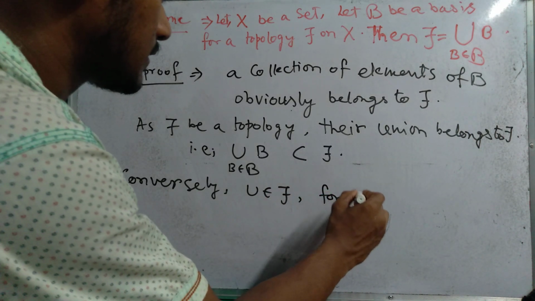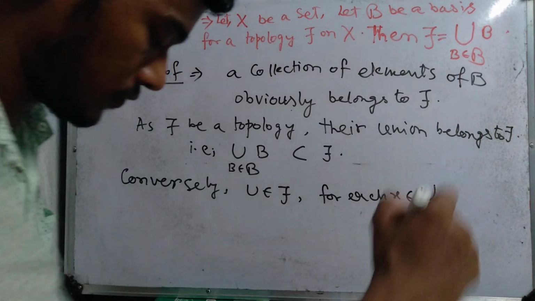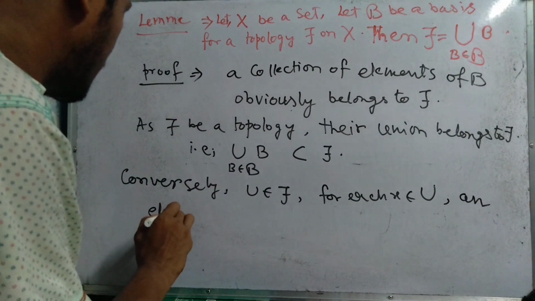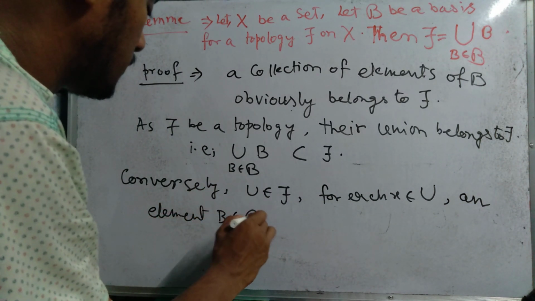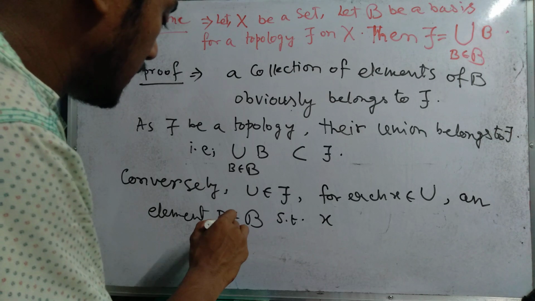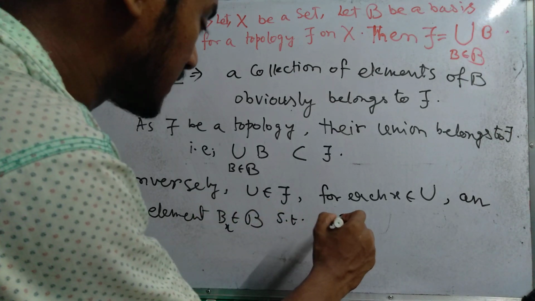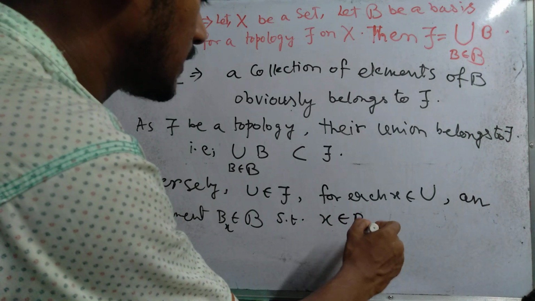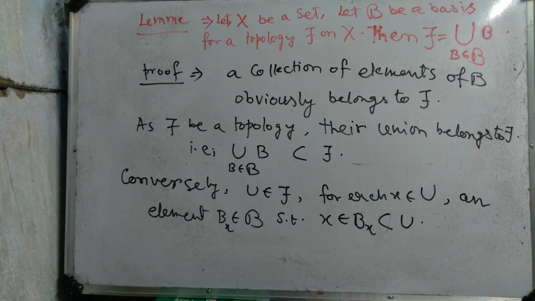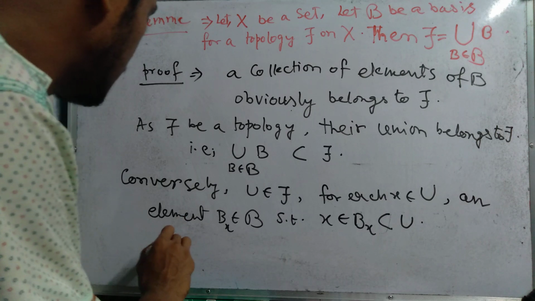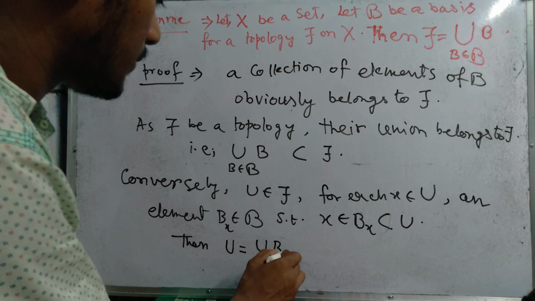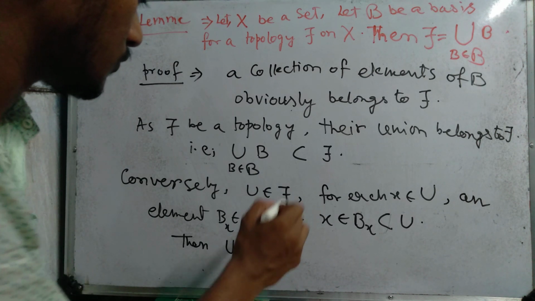Then for each x belonging to U there is an element B_x belonging to script B such that x belongs to B_x, a subset of U. Then obviously U equals the union of all B_x where x belongs to U.